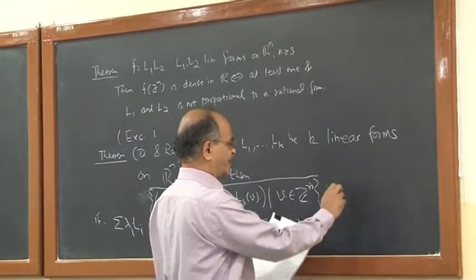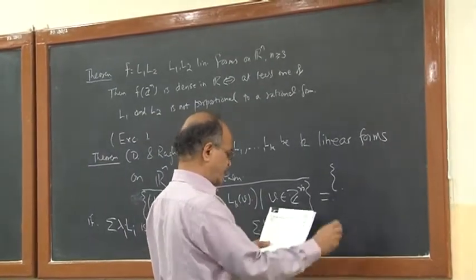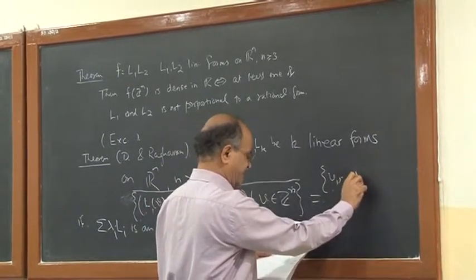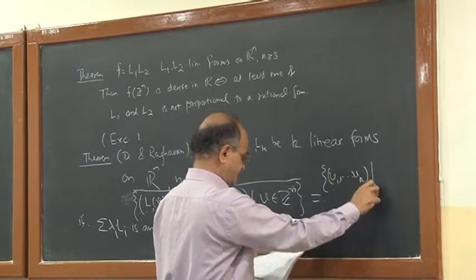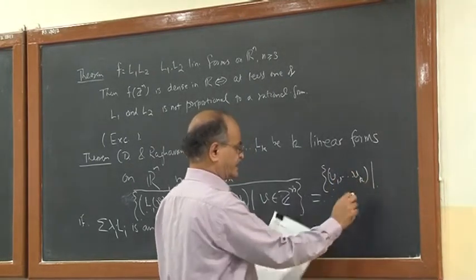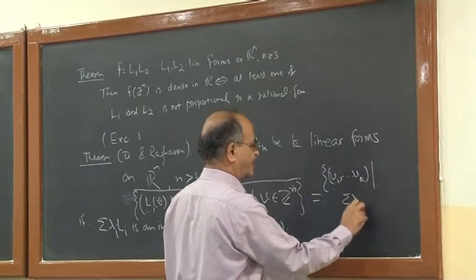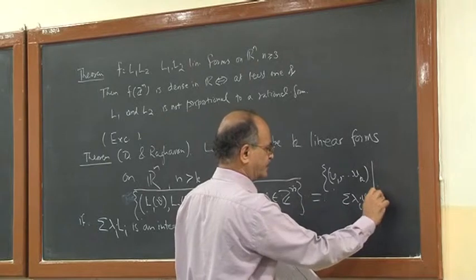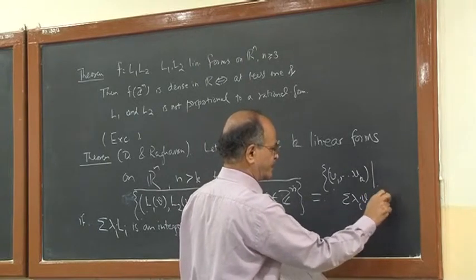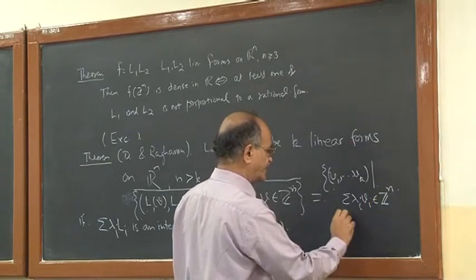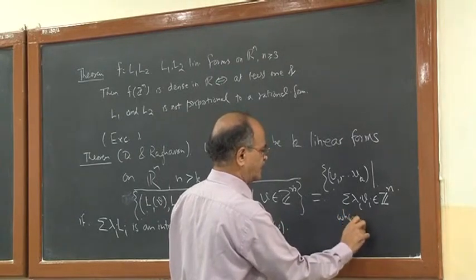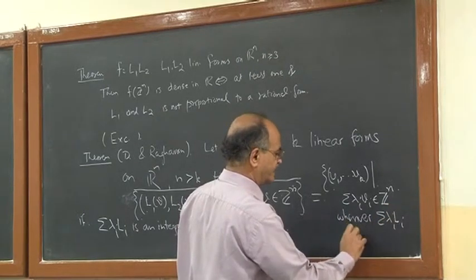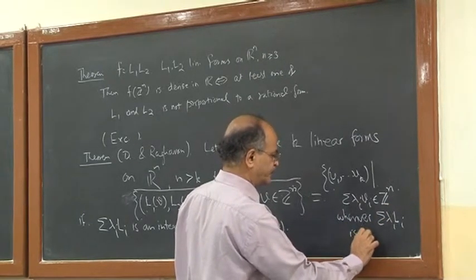So the closure is precisely the set of (v1, v2, ..., vk) such that sigma lambda_i v_i is in Z whenever sigma lambda_i L_i is an integral form.